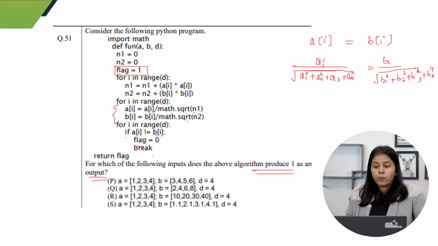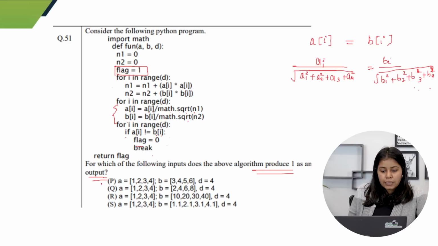So I want all those arrays. When would I get these two values equal, that a_i upon square root of this value and b_i upon square root of these values are equal, right?